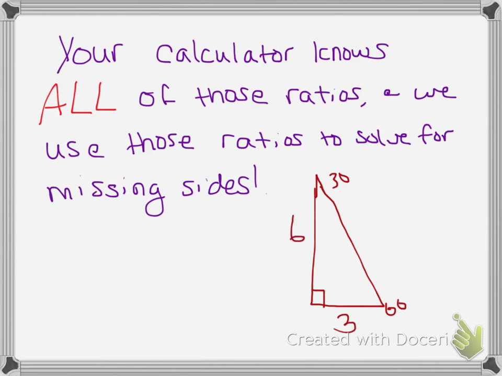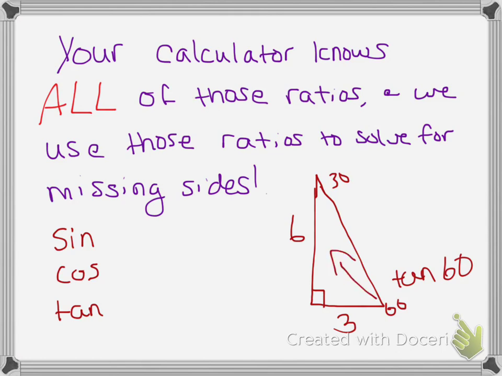Now, you're not going to know this yet, and we're going to talk about this in class on Tuesday, but the calculator buttons that know these ratios are sine, cosine, and tangent. Take my word for it on this one. We're going to use the button for tangent, and I'll explain that on Tuesday. We're going to do tangent of 60 degrees. This button tells us what the ratio is of the opposite side of the 60-degree angle, opposite side, over the adjacent side, meaning beside it.